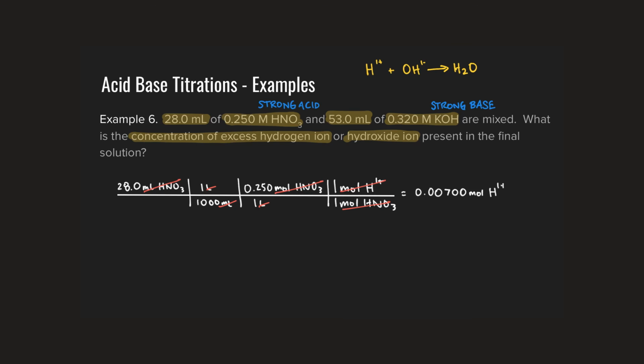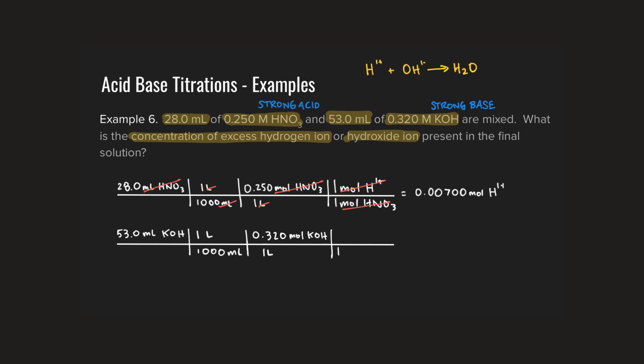We can now do the exact same process for our base. We have now 53 milliliters of our KOH and another monorail. Same pathway here. 1,000 milliliters is equivalent to 1 liter. 1 liter of my base KOH contains dissolved 0.320 moles of KOH. And again, that is my molarity, my moles per liter of my base.